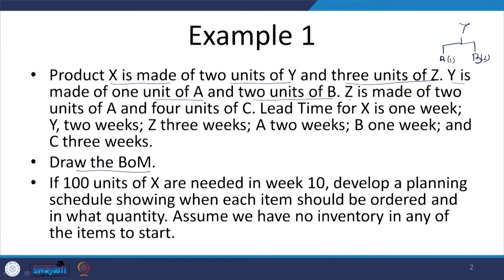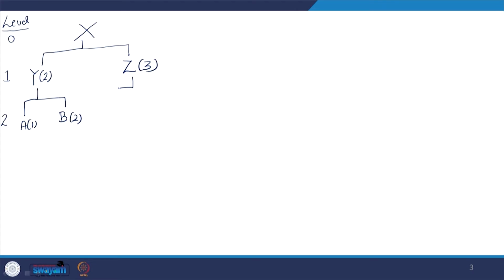Then comes Z. Z is made of 2 units of A and 4 units of C. Let us add this to the diagram, A to C4. So you can have these different levels.